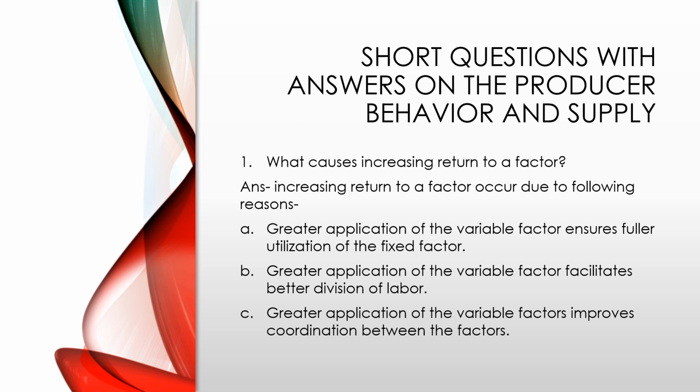Second, greater application of the variable factor facilitates better division of labor. So as we apply more of the variable factor, this gives a better division of labor, and this automatically helps increase the return to a factor.